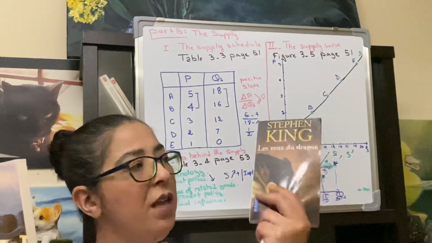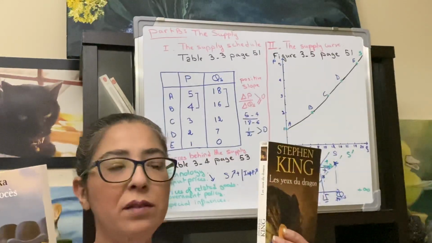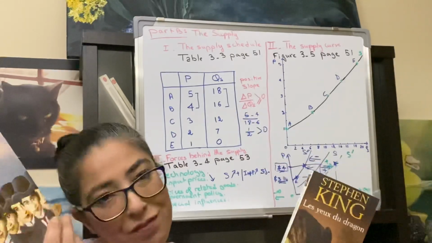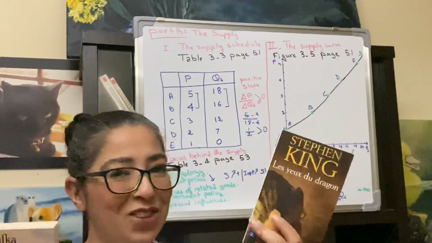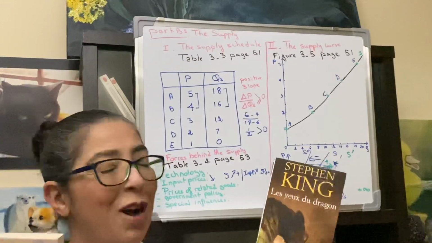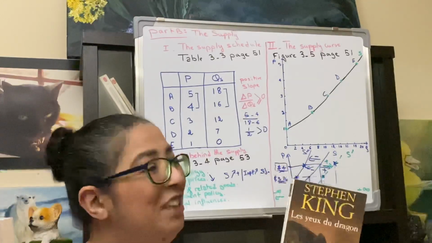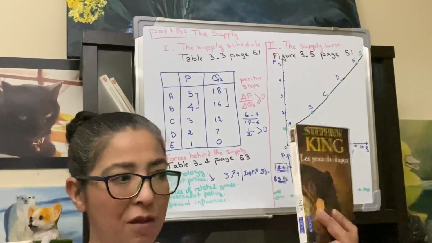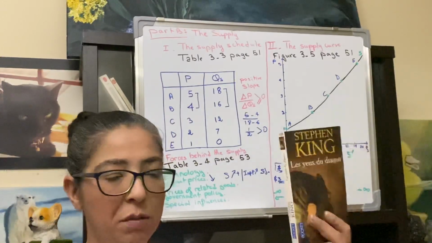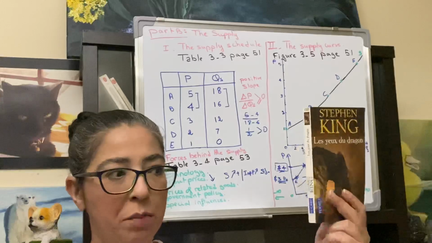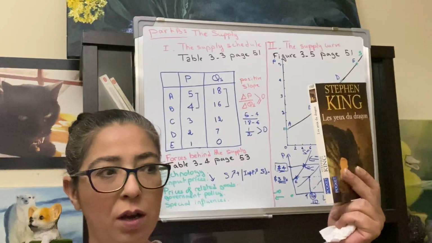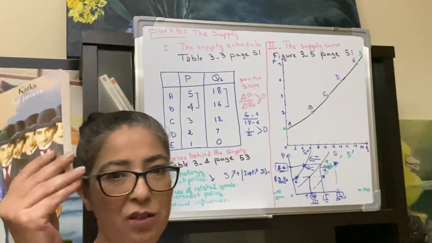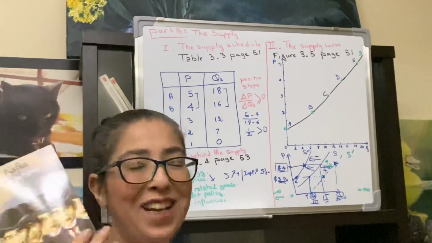So what's going to happen? I love this one, but this one is easier to read, and well, I love Stephen King. So what's going to happen? If people love this book actually more, they're going to buy more. I made a mistake. I should look at this one. This is the market I'm studying.